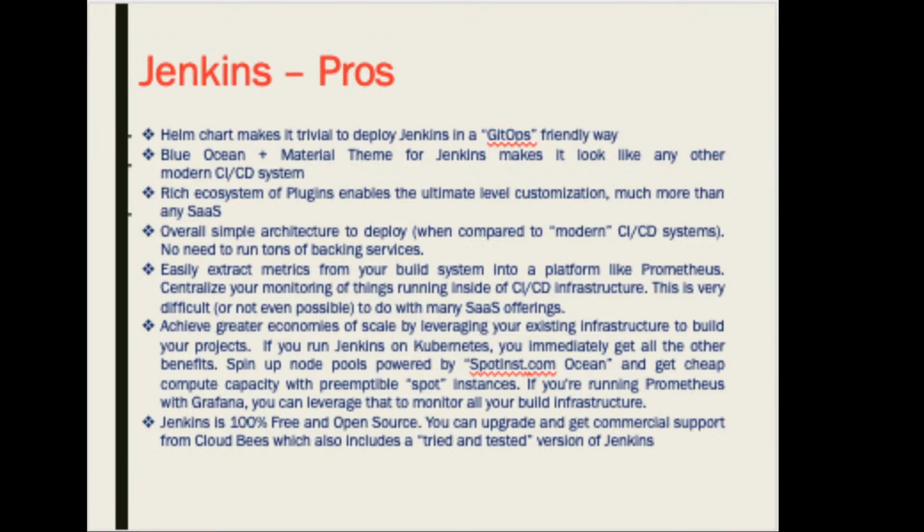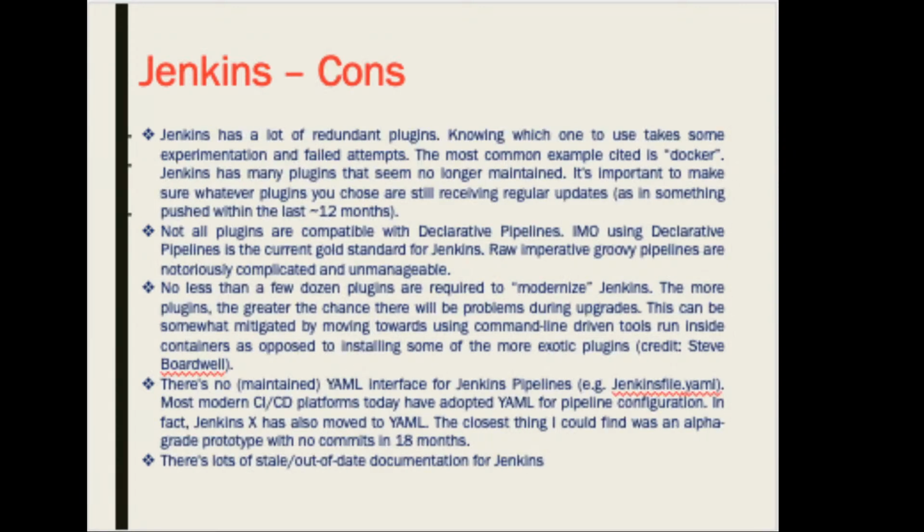It will easily attract metrics from your build system into a platform like Prometheus. You will be able to achieve greater economies of scale by leveraging all this infrastructure to build your projects.